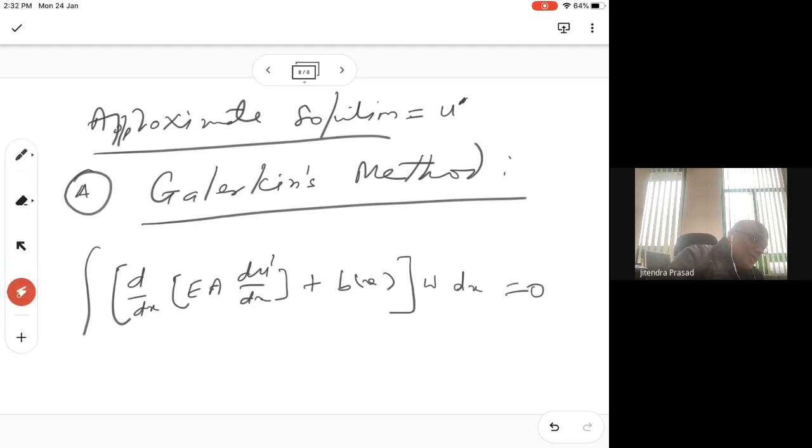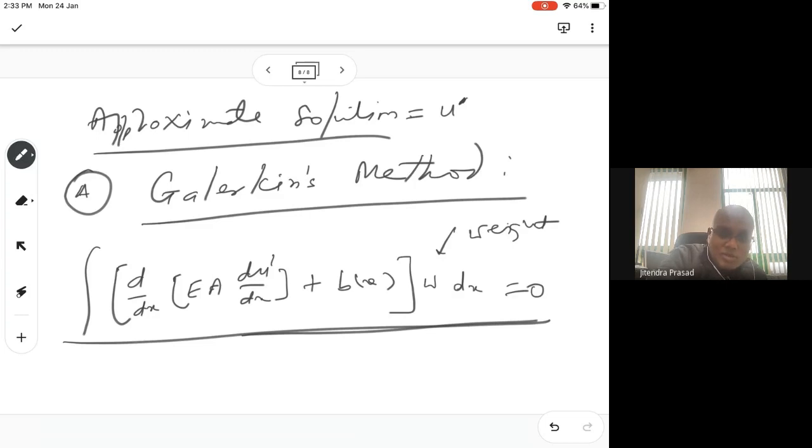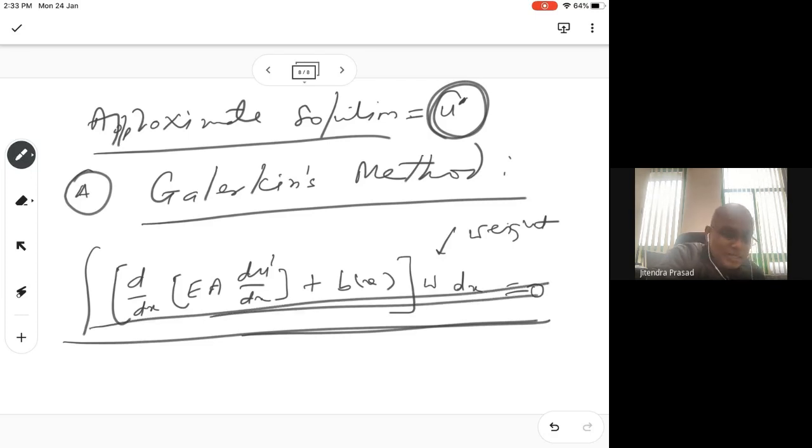What did we do? We have this equation, we multiplied by a weight, and we integrated it, equal to 0. Now we are saying that u dash is an approximate solution that satisfies this condition.